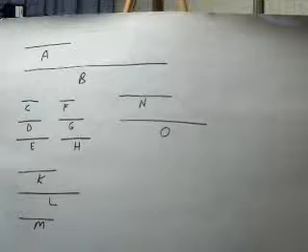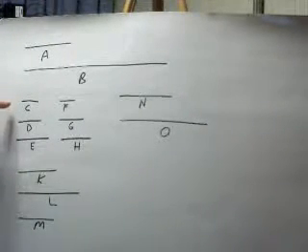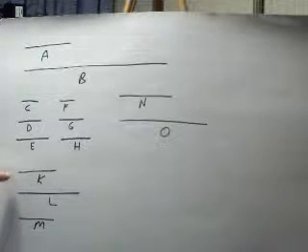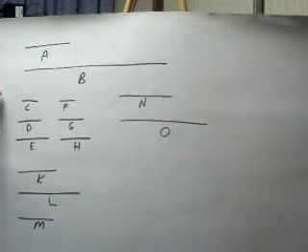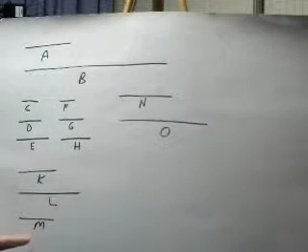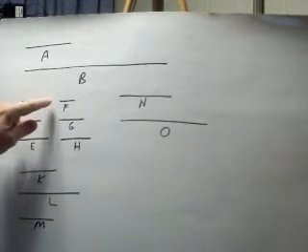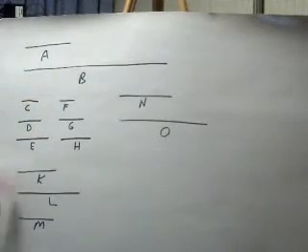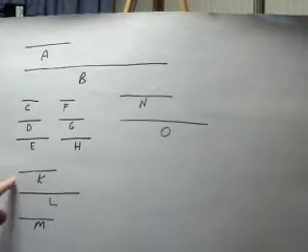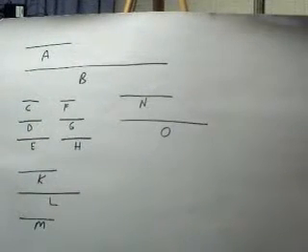Now, since D by multiplying C, so we're going to take these two times each other, has made K, and D by multiplying F has made M, therefore, as C is to F, so is K to M, and this is by Euclid Book 7, proposition number 17.